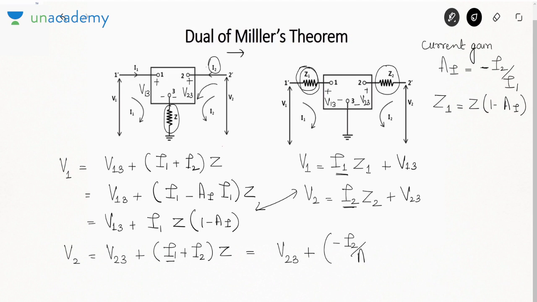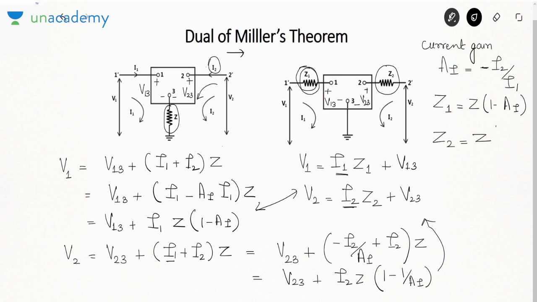I1 is minus I2 by AI plus I2. So you can write it like this, V23 plus I2 Z (1 minus 1 by AI). Now compare these two equations. You can directly see that Z2 is Z into (1 minus 1 by AI). Okay. So that is called the dual of Miller's theorem.